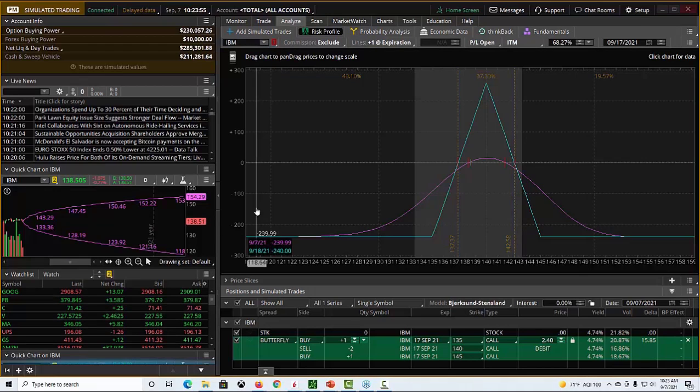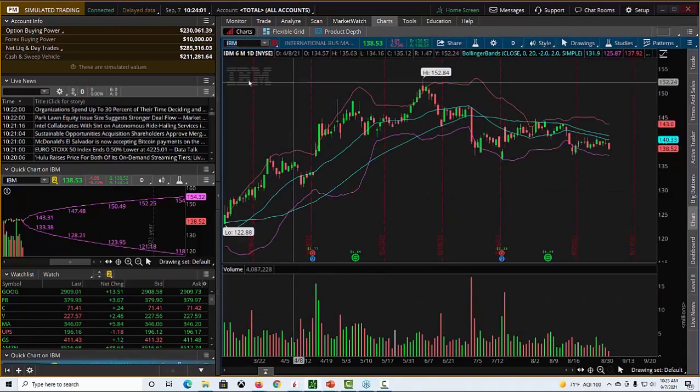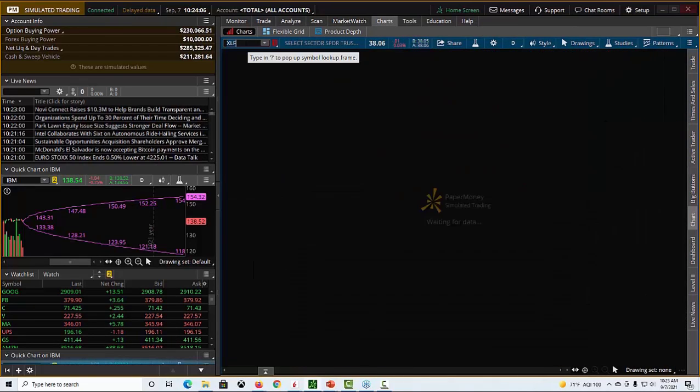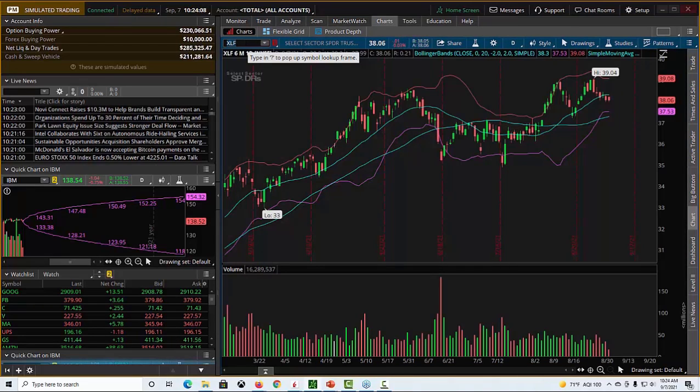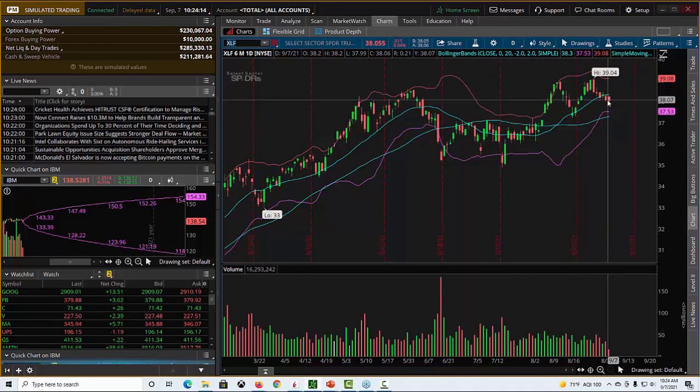Let's think about additional ideas here. So just brainstorming and thinking about some of the markets that have a little bit more volatility. If I think about something like financials, it's lagging here the last few days, certainly.